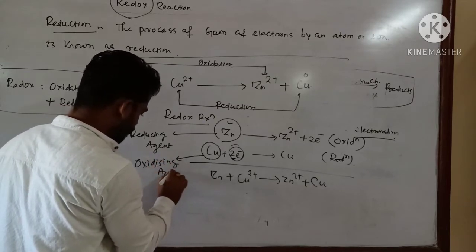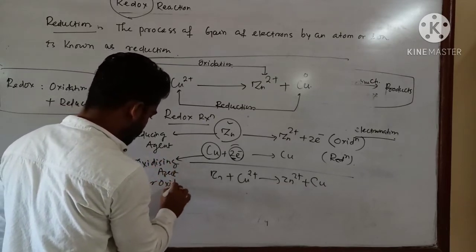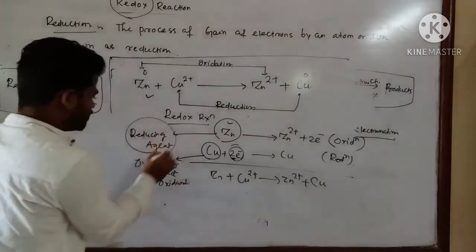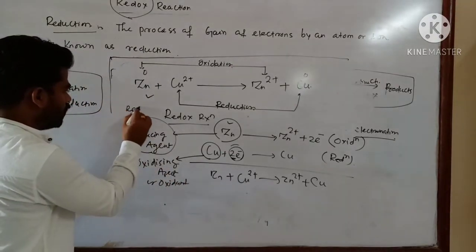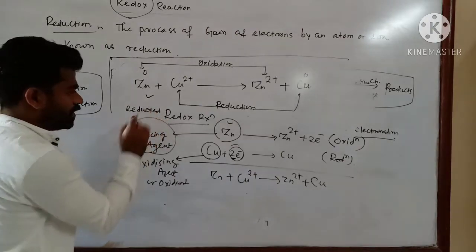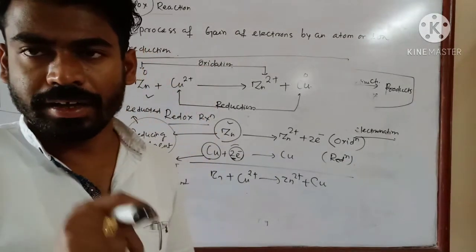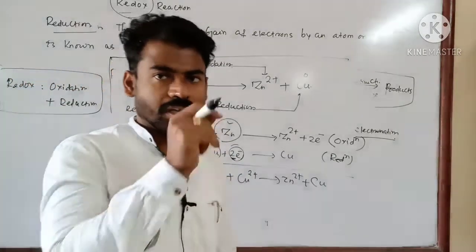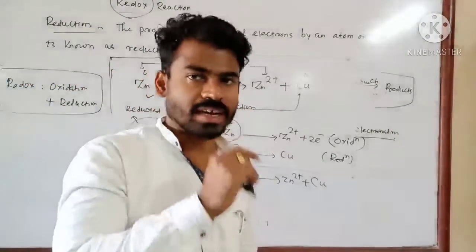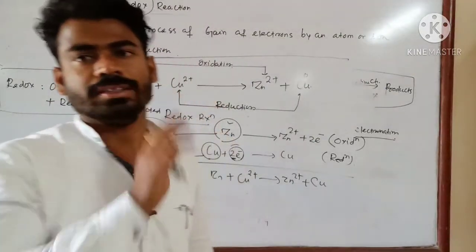And this one is reducing agent, or this is called reductant. That means the species which is oxidized act as a reducing agent, and the species which is reduced to itself acts as an oxidizing agent.